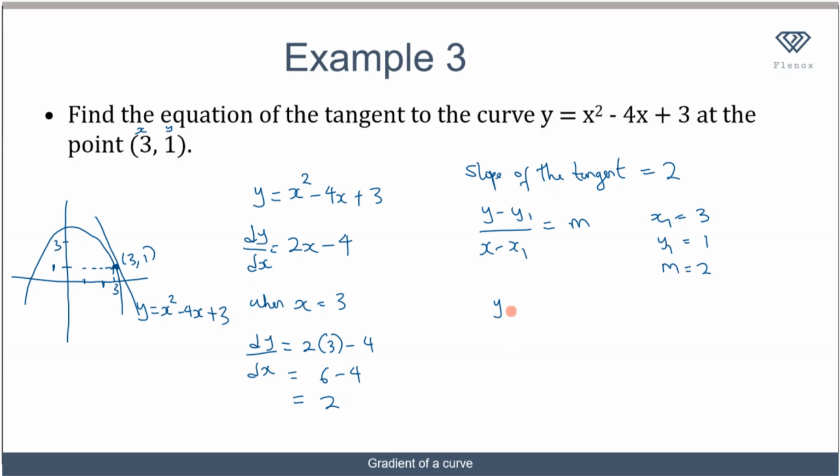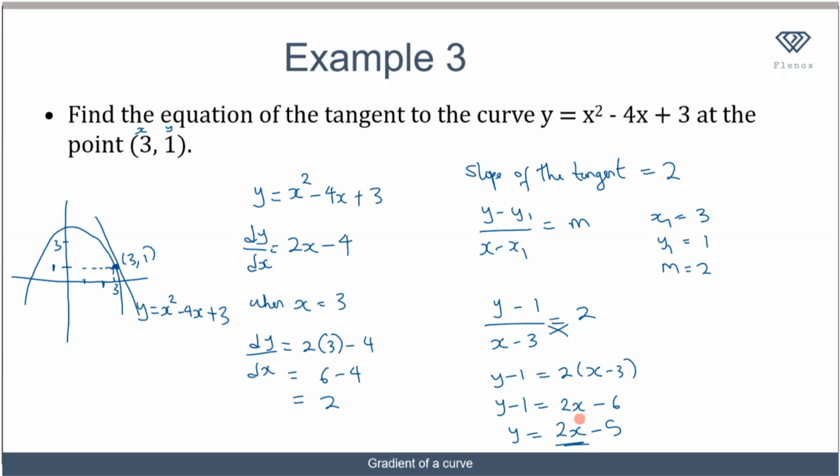It results in y minus 1 over x minus 3 is equal to our slope, which is 2. If we cross multiply, we have y minus 1 is equal to 2 into bracket x minus 3. So we have y minus 1 is equal to 2x minus 6. So that becomes y is equal to 2x minus 5.